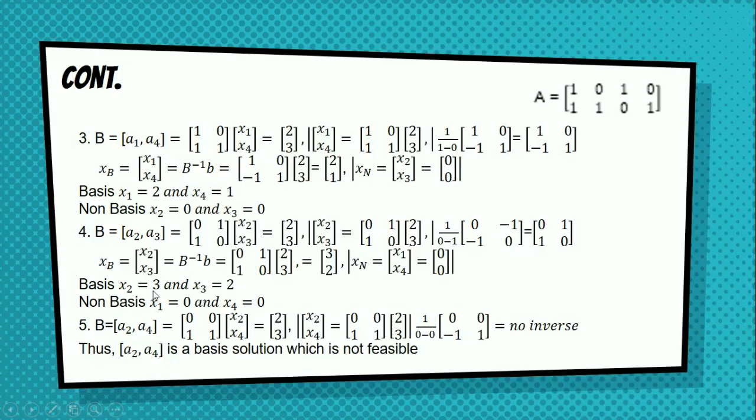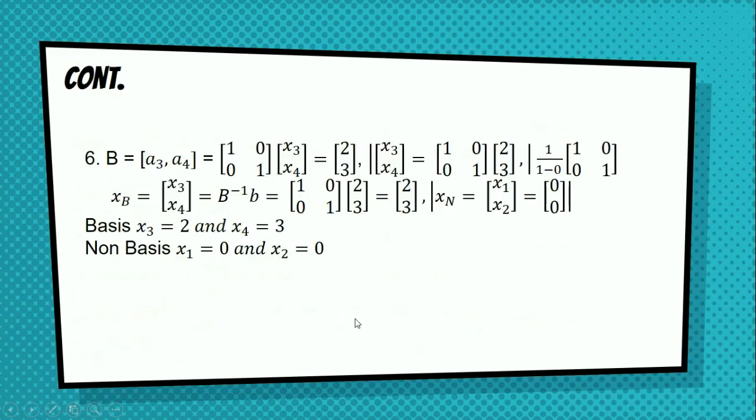Try another one, the last: A3 and A4, which are 1 0 and 0 1. We got the new basis of the sixth trial, and the conclusion is x3 equals 2 and x4 equals 3, and the rest is non-basis.